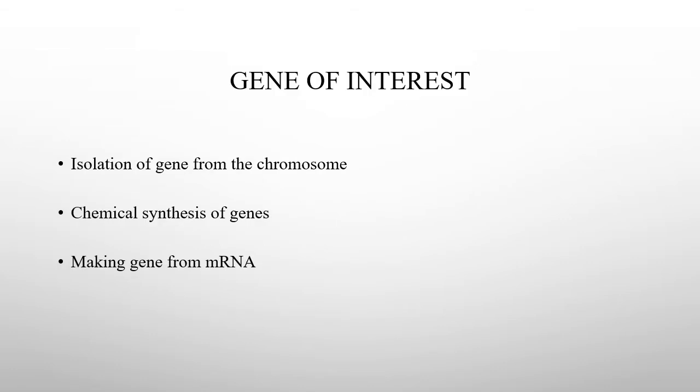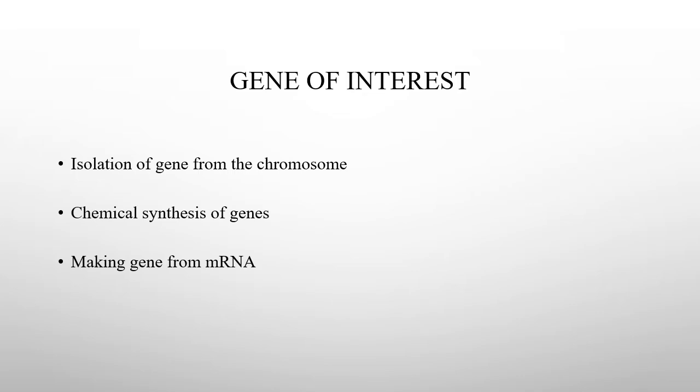So in the first step, we isolate the gene of interest. Isolation of a gene from a chromosome is one of the prime jobs in genetic engineering, because firstly we have to identify which gene is responsible for making a certain kind of protein which we want to make.